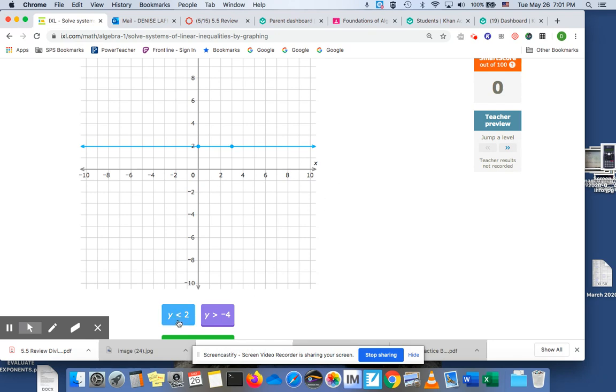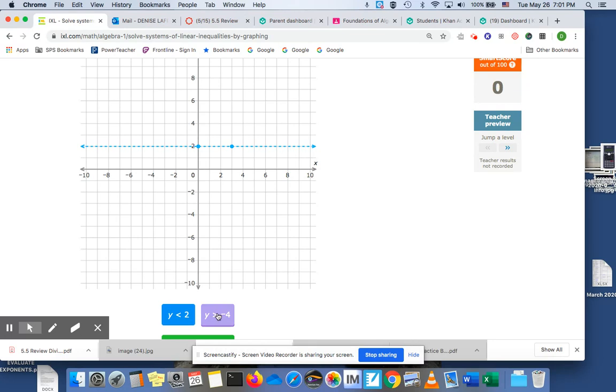Now, because this is less than, not less than or equal to, I have to make this line a dashed line. So I'm going back up to the line. You see those 3 black dashes. I'm clicking it. Now that line is dashed. It's all done. That means y is less than 2. All of the solutions are below it, but anything on the line is not a solution.